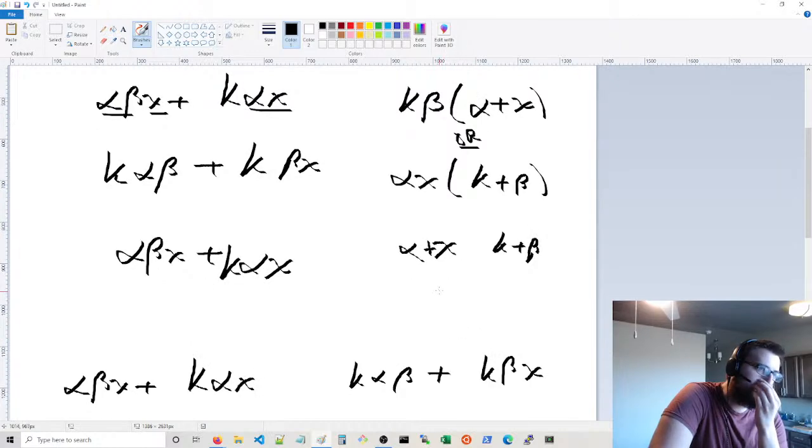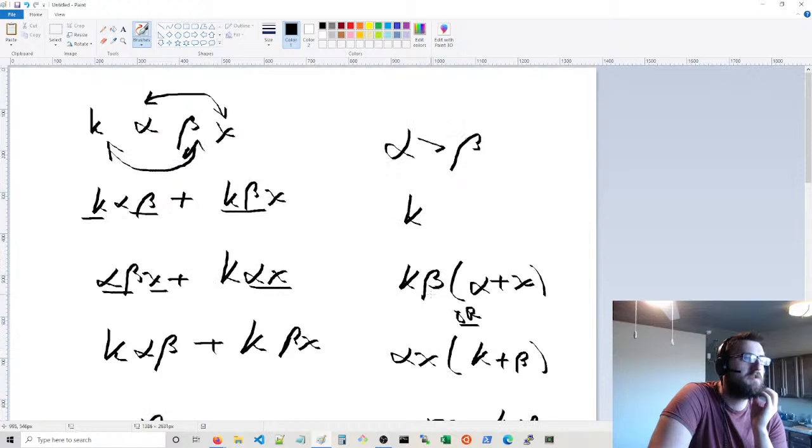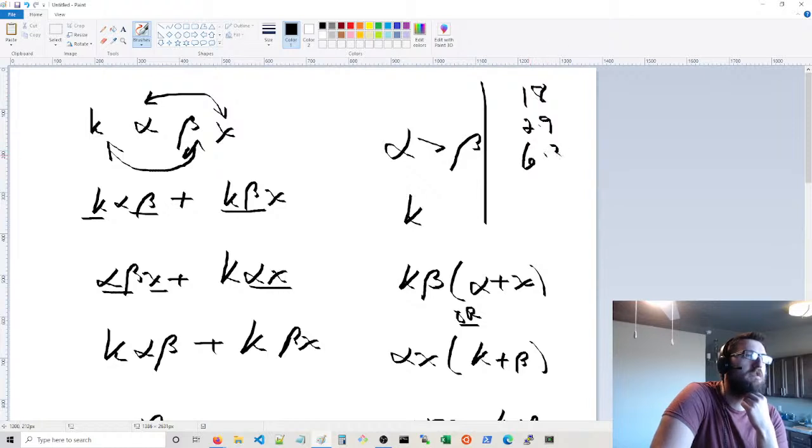Take two multiplicands that equal the same number, like 18. You could do 2 and 9, and you can do 6 and 3, right?